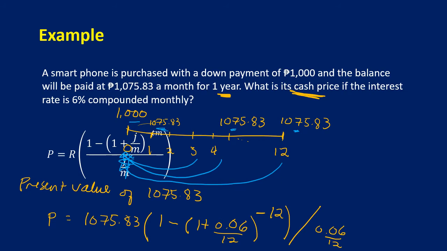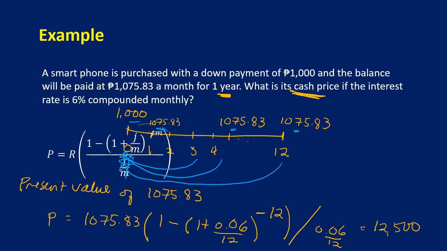All right. So upon doing that, you will end up with 12,500. Okay? So that is the present value of your annuities.